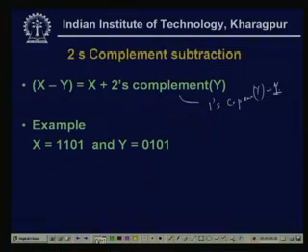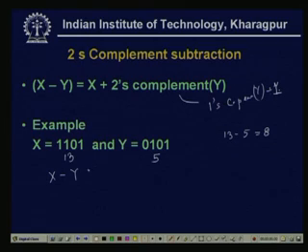We take one example first. There are two numbers, x is 1101, so the decimal equivalent is 13, and y is 0101, where the decimal equivalent is 5. I want to do x minus y, which should be 13 minus 5 equal to 8.